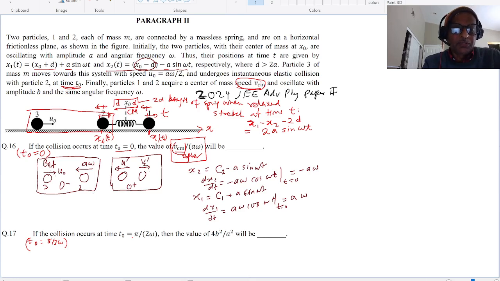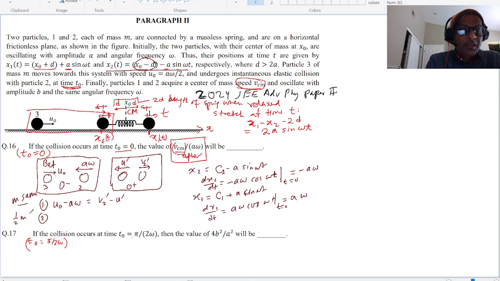So how do you figure this out? Momentum conservation and kinetic energy conservation, and then you solve it. Momentum conservation gives u naught minus a omega equals v2 prime minus u prime. So you get one equation. The mass is the same for everything in this problem, so I don't need to put it in, and the half m will be the same in the kinetic energy conservation.